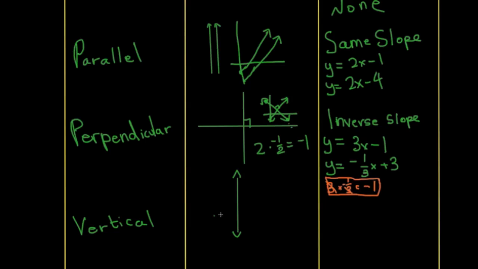If we were to put this on a graph, what do you notice about this line? If this is your y-axis and this is your x-axis, then you should notice that this line goes through every single y value there is. Hence, you would not be able to write a full linear equation for this. You would simply say that this has an undefined slope.